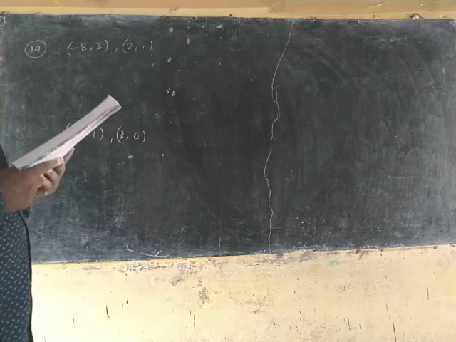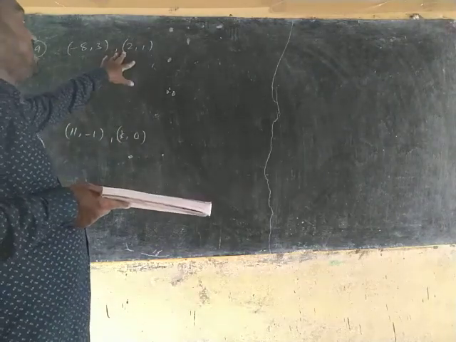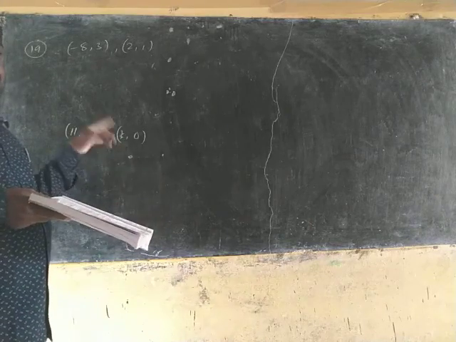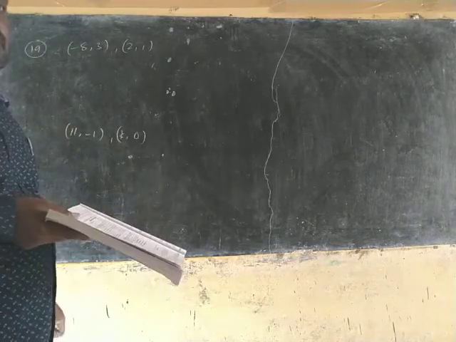Understood the question? If the line passing through these 2 points is parallel to the line passing through these 2 points, then what is the value of k?